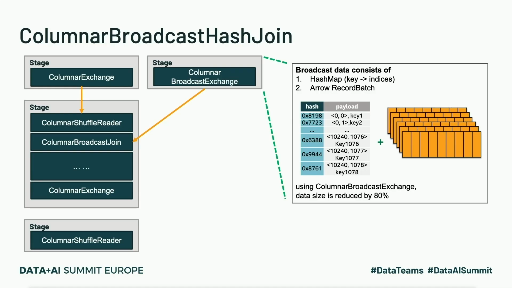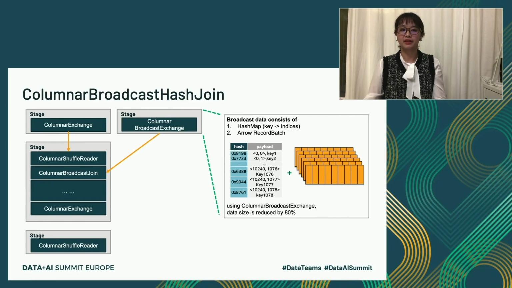Then let's take a look at the broadcast hash join exchange data. The broadcast hash join exchange data consists of two types of data: a hash map and the original Arrow record batch. In our design, we didn't copy the original data into the hash map, because there are two benefits. Firstly, it eliminates redundant memory copy from columnar format to hash map.